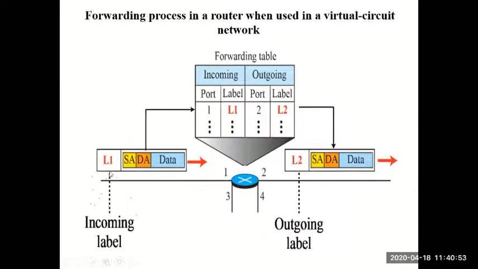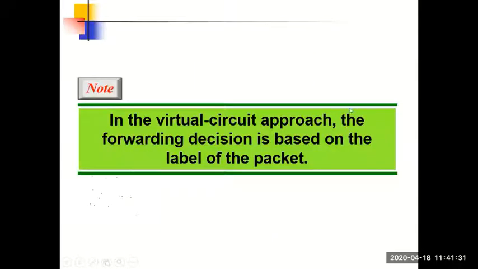They attach this label to the packet when it comes to an interface. As soon as a packet like this reaches interface 1 or port 1, it includes a label for this packet and makes an entry in the forwarding table. It will know that if I receive this and this is my destination, I should send it out on port 2 or interface 2. And at port 2, it has to make another label entry, but this will not exist before. It will happen later. I'll show you how this actually works.